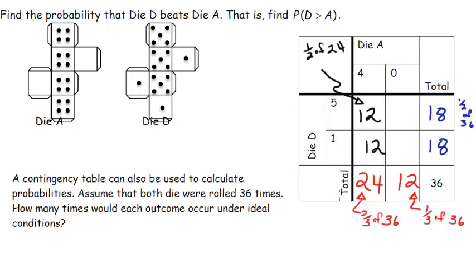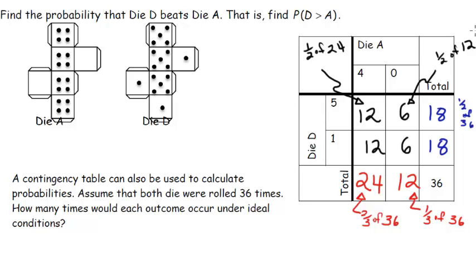We can do the same thing with our case where we get a 0. 12 times we got a 0, and half of those 12 times I should get a 1, which is 6 and 6.